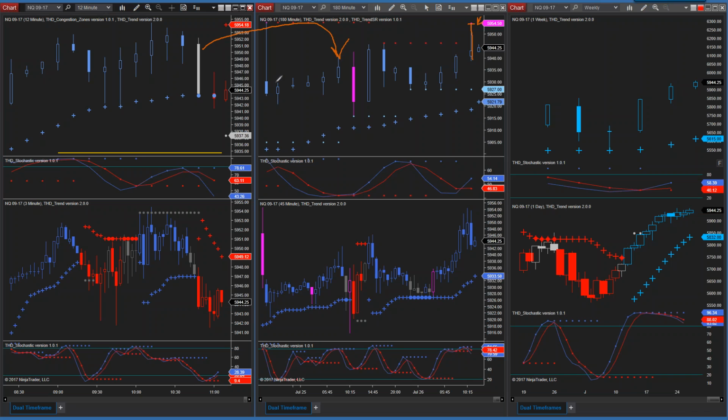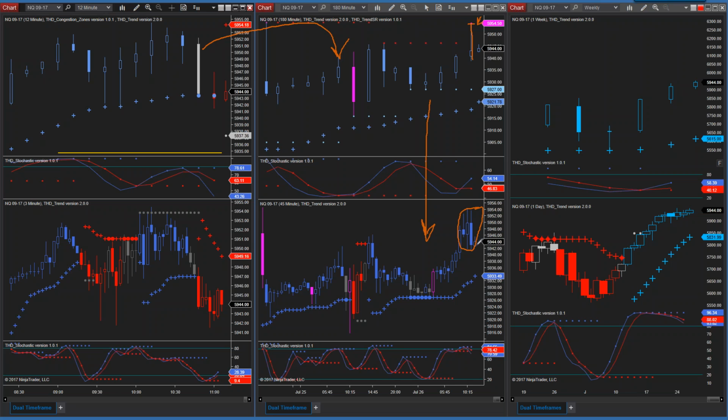The next thing that I do is look down to the 45-minute, because this bar is going to end before the current bar on the 180. Does everybody understand? When I look down, I see that there is a 3-bar reversal pattern right there.